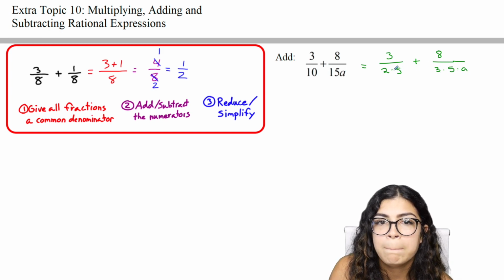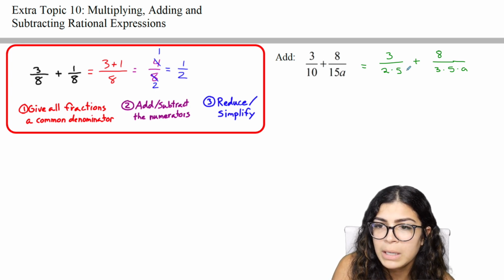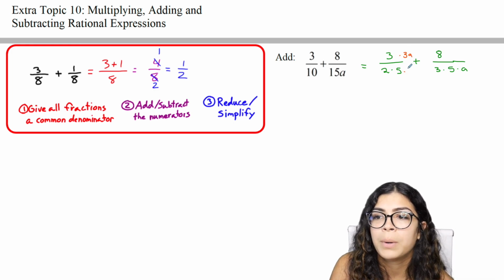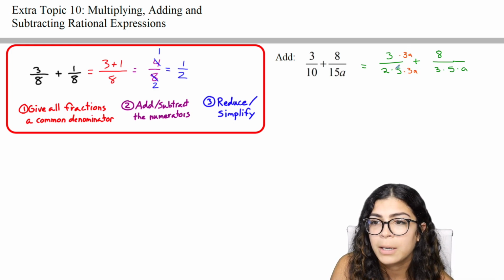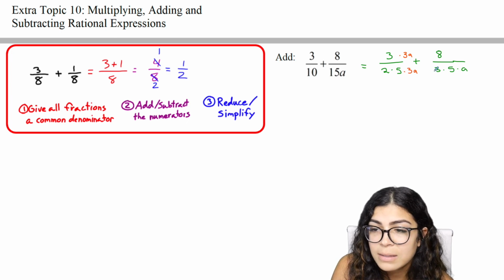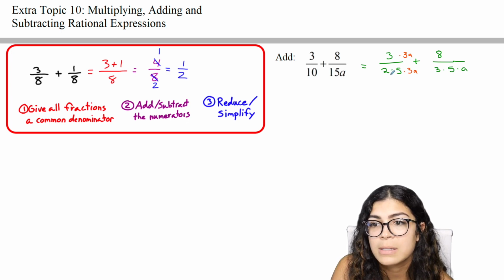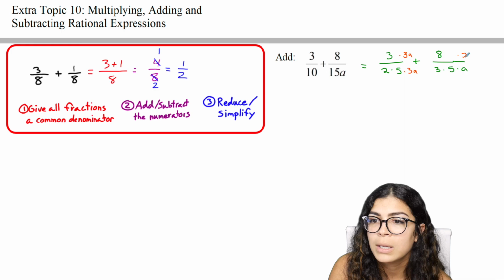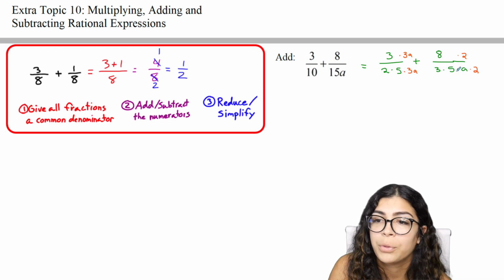So that means that I'm going to need to multiply that 3 times a into this denominator so that both of those show up in this denominator. Now, in this denominator, what we have missing is a factor of 2. So I'm going to need to multiply this fraction by 2. Now you can see that we have 2 times 5 times 3 times a. So the denominator will be the same on both now.